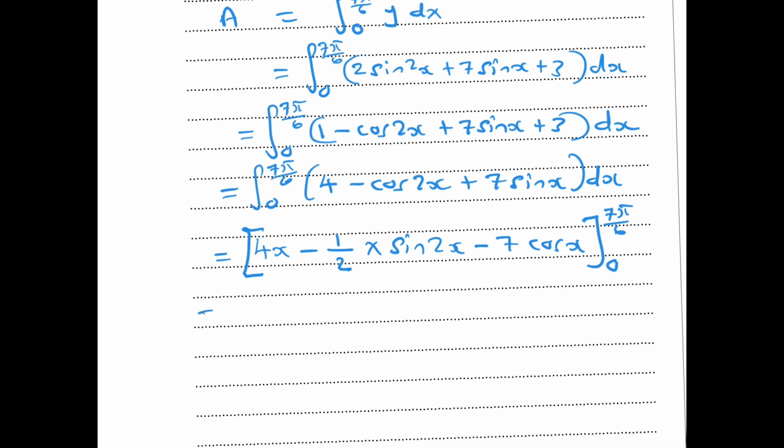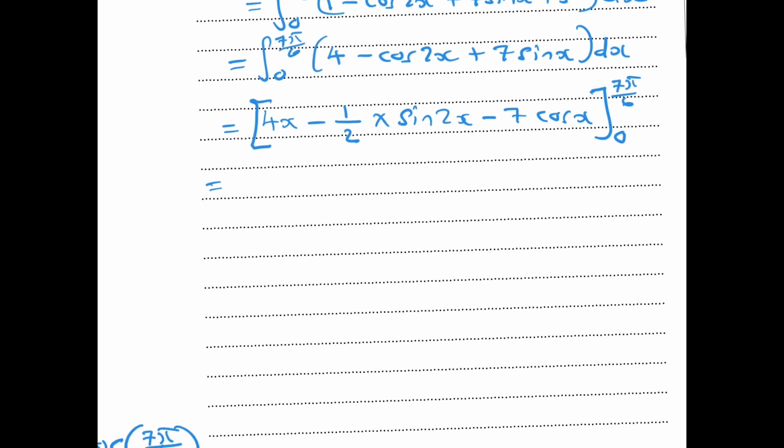So what we now need to do is to substitute the upper limit, okay, first. So in the first bracket, what are you going to have? We are going to have 4 multiplied by 7 pi over 6 minus 1 over 2 sine of 2 times 7 pi over 6.